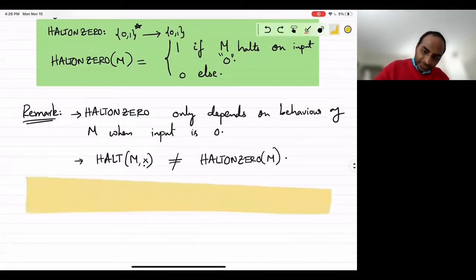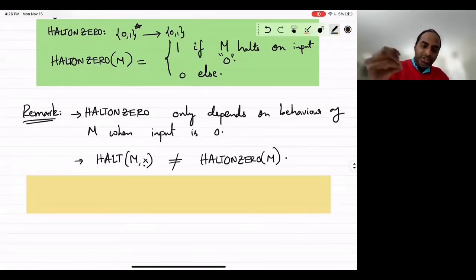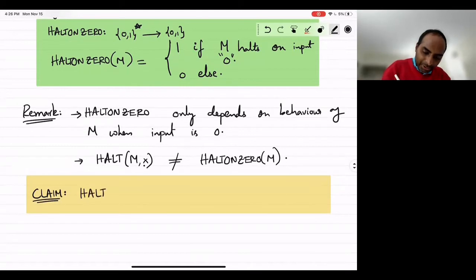All right, so the main claim that we are going to show is the following. Halt on 0 is uncomputable.